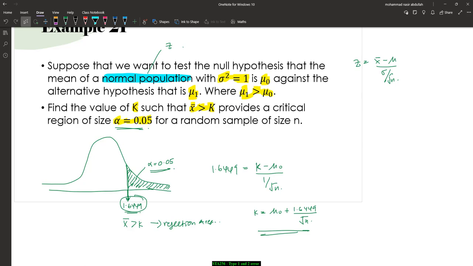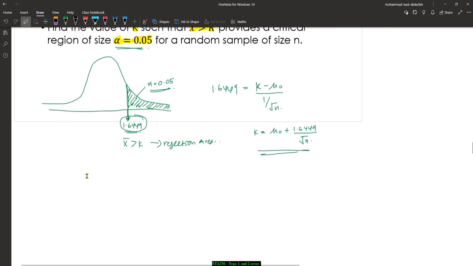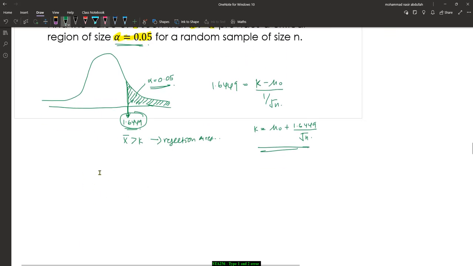Boleh faham? So now, still kita tak solve lagi problem. We just define what is k value, right? So now we are trying to use the information yang dia bagi tadi, alpha 0.05, right? So to find k such that probability of x bar more than k equal to 0.05, right?